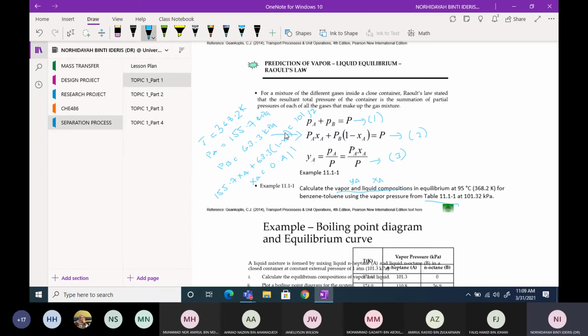Just a simple equation here. You know that SB is equal to 1 minus SA, so eventually you will get the value of SB.